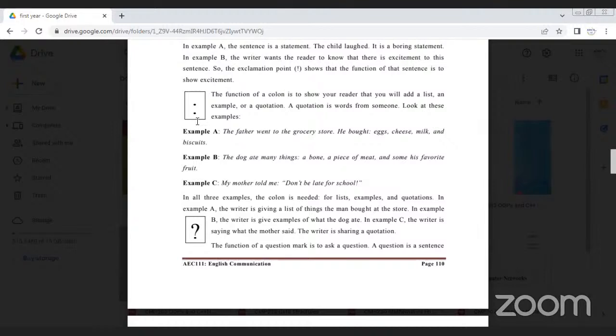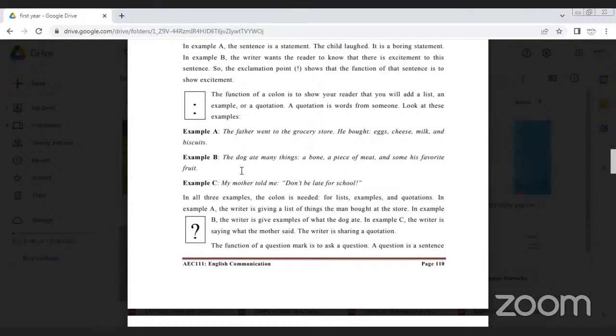Let's see another example. Example B: The dog ate many things: a bone, a piece of meat, and some of his favorite fruit. Let's see example C: My mother told me: "Don't be late for school!" In all three examples, the colon is needed for a list, examples, and quotations.